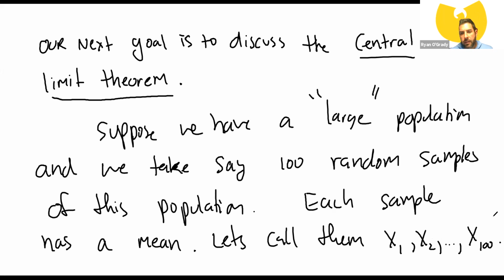So if you think about it, these guys are random variables. That's why I've called them X sub 1, X sub 2, X sub 3. So I have 100 different means.